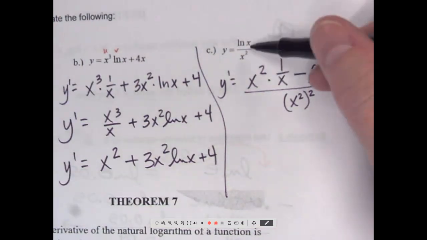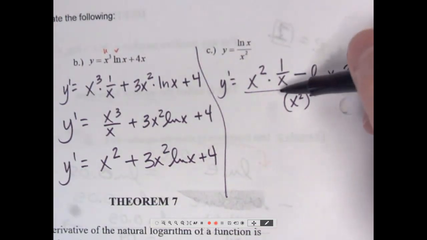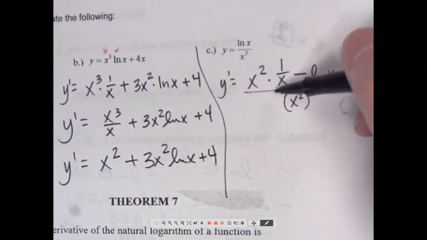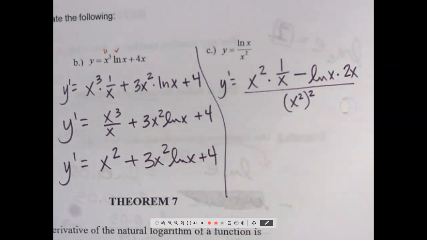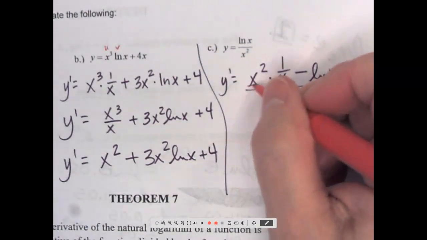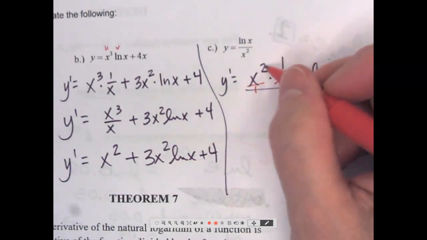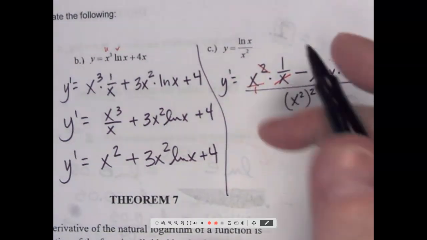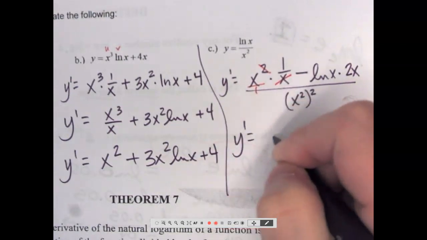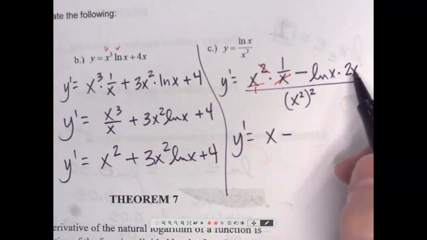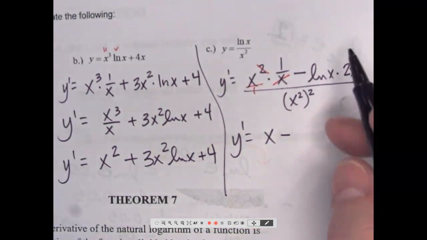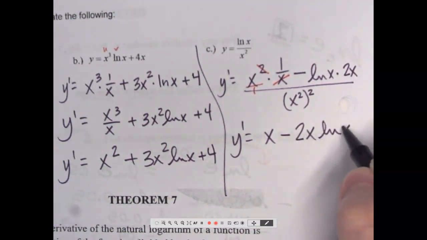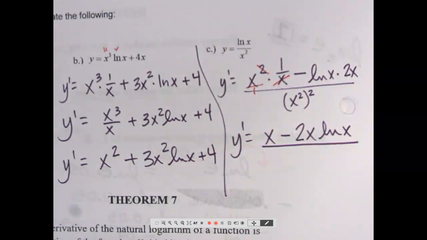Okay, what does x squared times 1 over x become? X squared over x, which is x. So you can even think about it back here, like that's technically over 1. So that x is going to reduce with one of those. So that whole little product there is just x. Minus, I'm going to put this 2x in front of the natural log x. Does anybody want to guess why I prefer to do it that way?